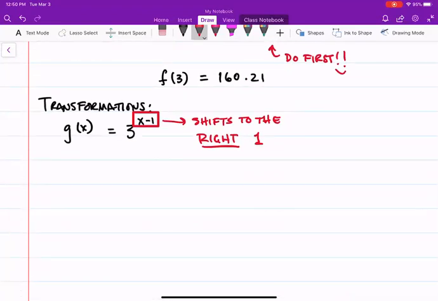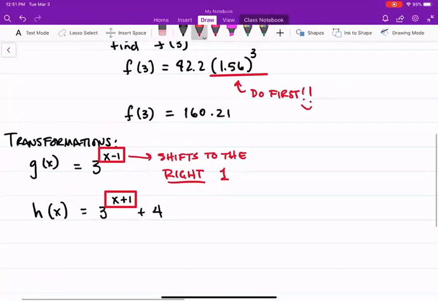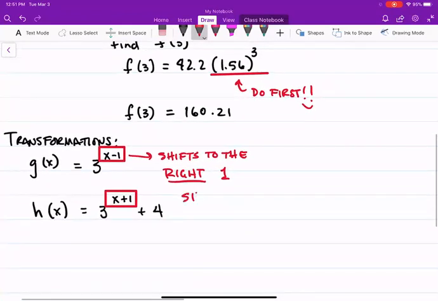How about if h of x, what does that do? Okay, so we're going to shift left 1.